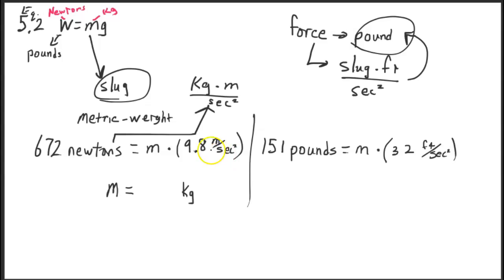In fact, given newtons, you will specifically be working with kilograms, right? Now you may want to convert it at the end to simply grams, depending on how the number shows up. Over here with the English units, you're going to end up with slugs.